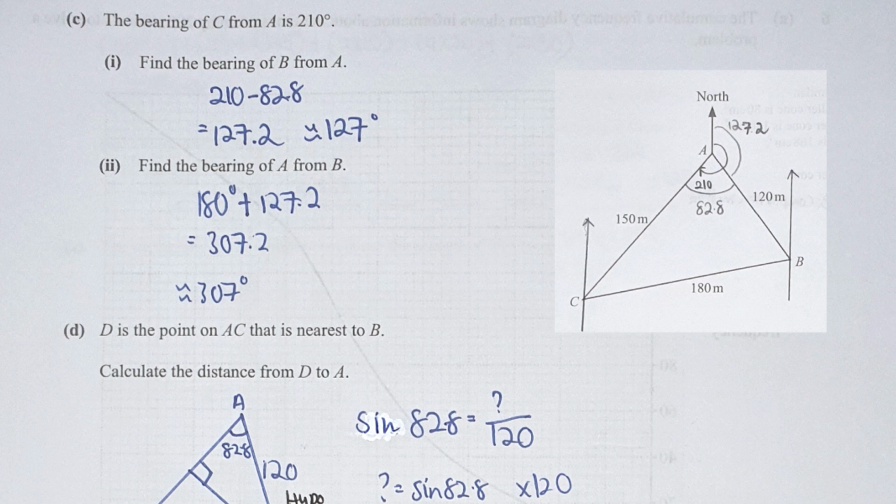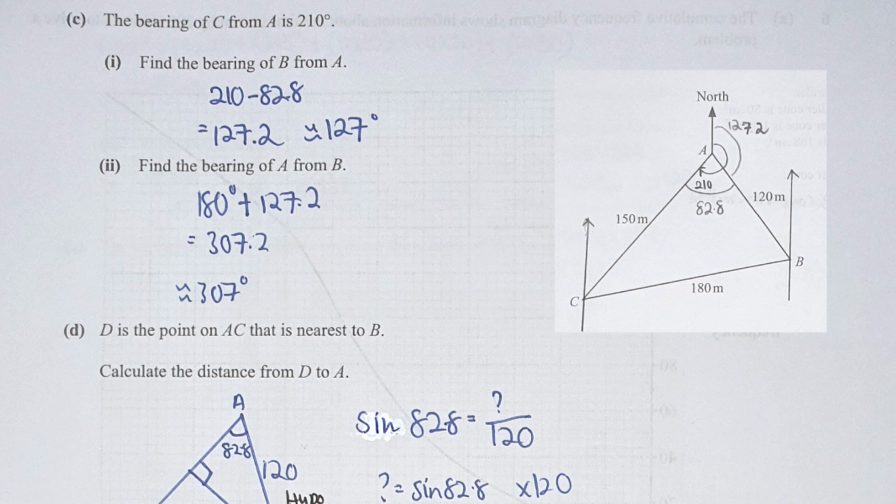Things to take note of is that you actually calculated the angle CAB as 82.8. So for you to identify the bearing of B from A, simply take 210 minus 82.8, and you will get 127.2 as your final result.